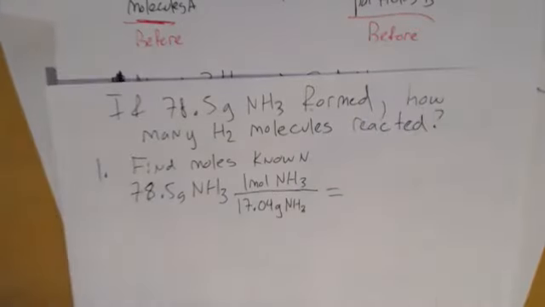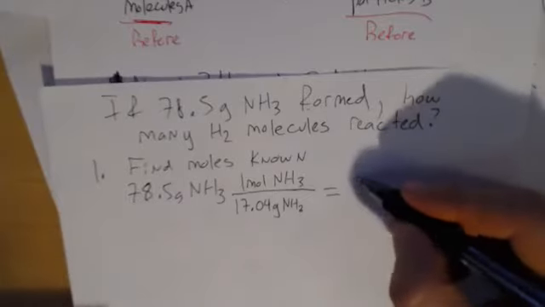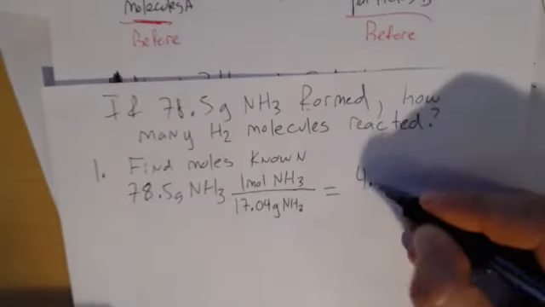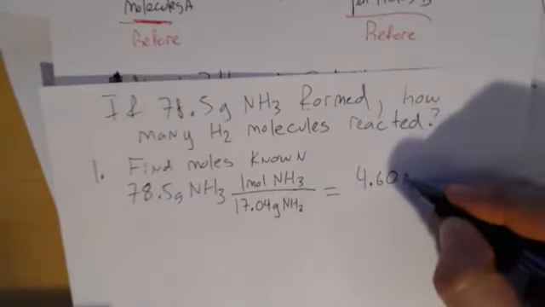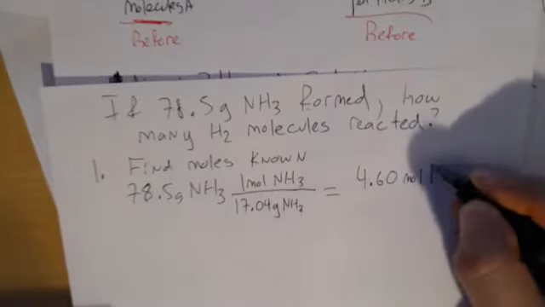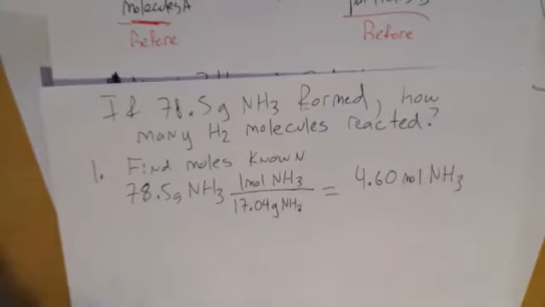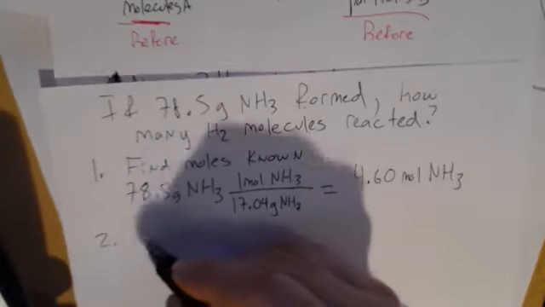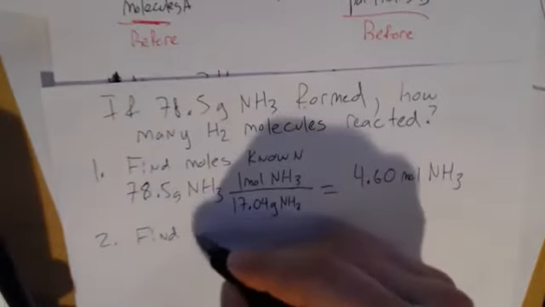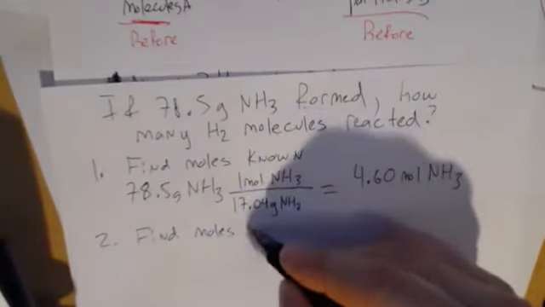And then let's check this out. That looks like, well, to 3 sig figs, 4.60 moles of NH3. Second step, find moles of the unknown.